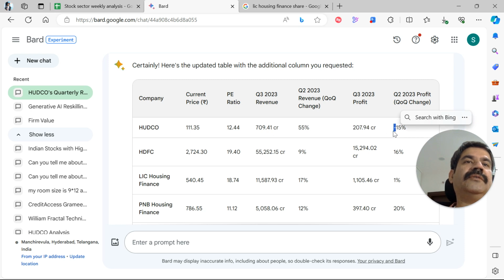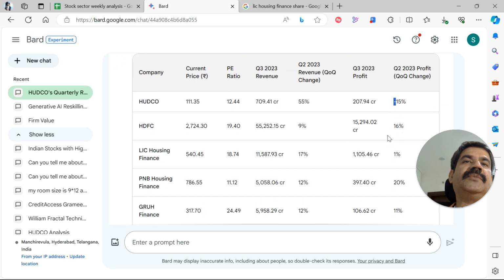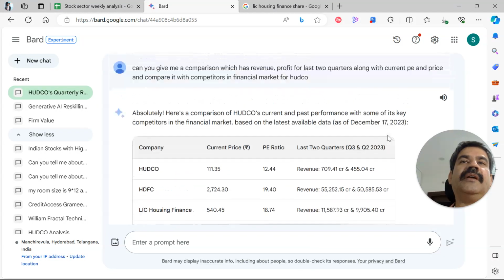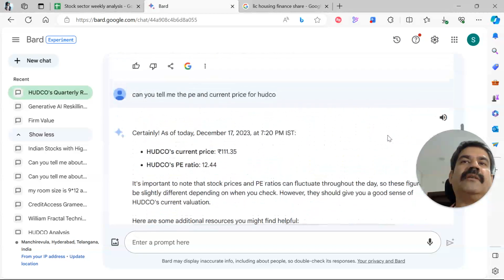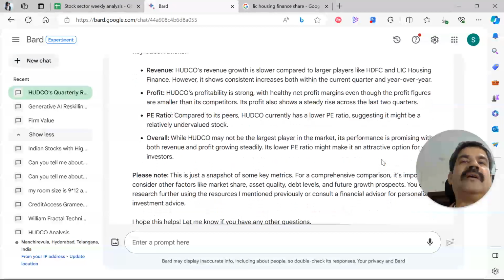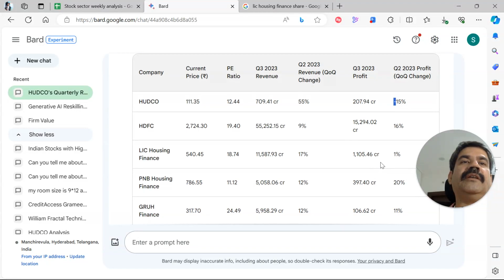Q2 2023 profit change is indicated at minus 15%. Now that seems to be incorrect because at the top it indicated that the profit at a quarterly level increased. So somewhere as it starts getting more complicated, it starts messing up with numbers.